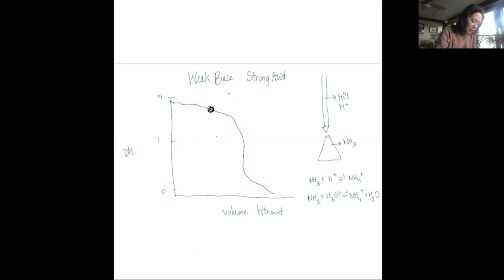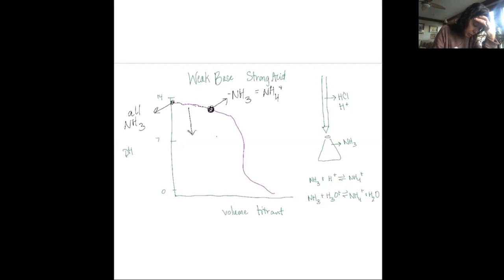So what do we know here? We know that it would be a Kb, wouldn't it? We know that here we have an excess. At this point, we have all NH3, right? As we add hydrogen ions, we start to form NH4+. At the halfway point, the ammonium is equal to the ammonia.